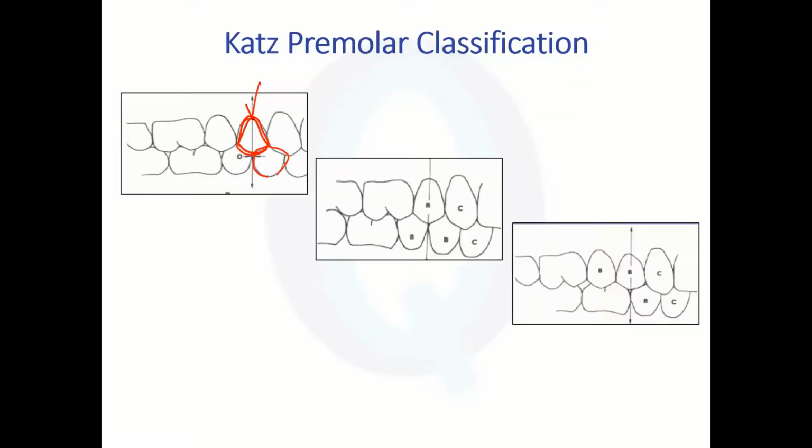So the most anterior upper premolar falls in the embrasure created by the distal aspect of the most anterior lower premolar.